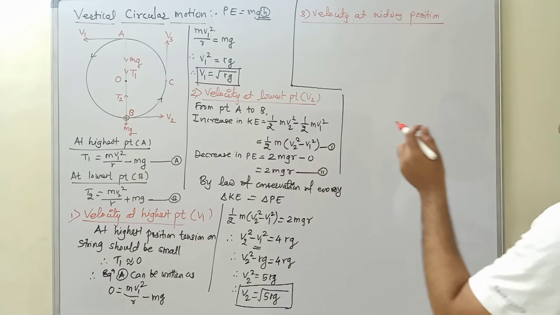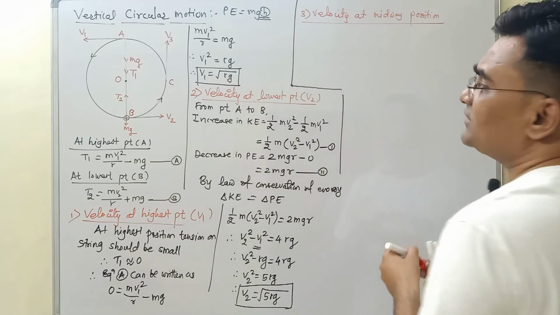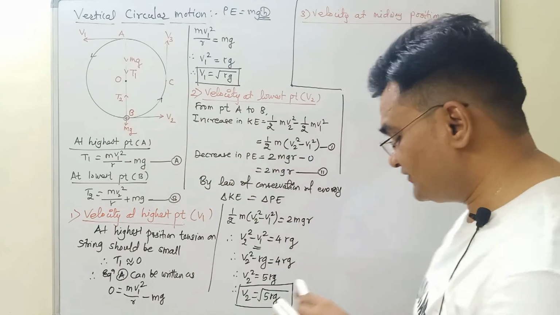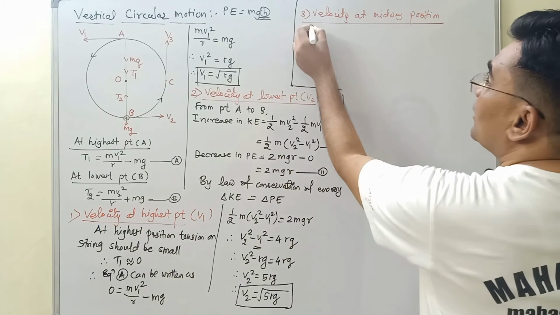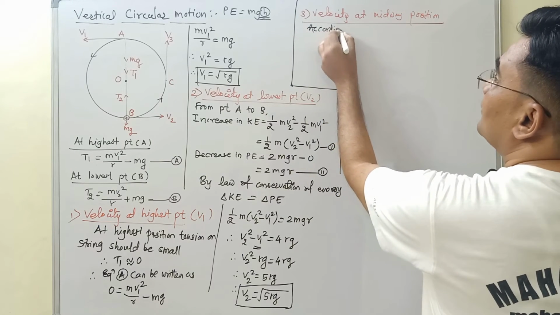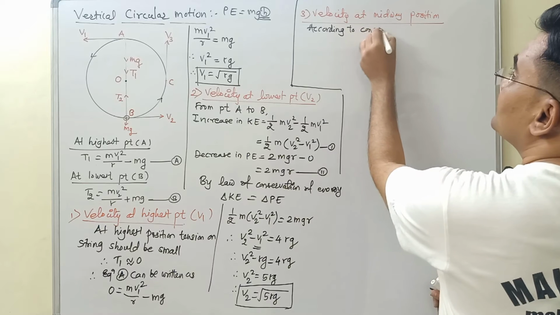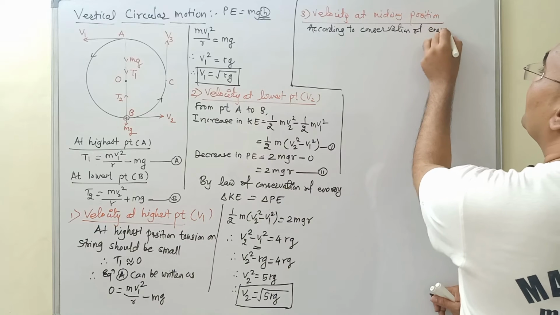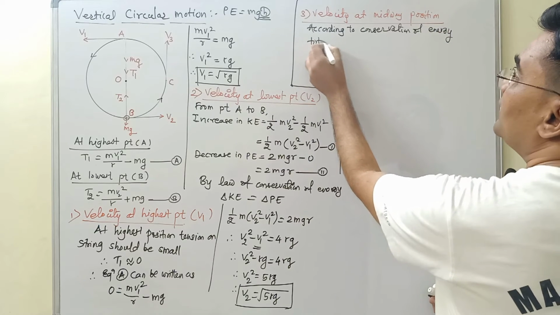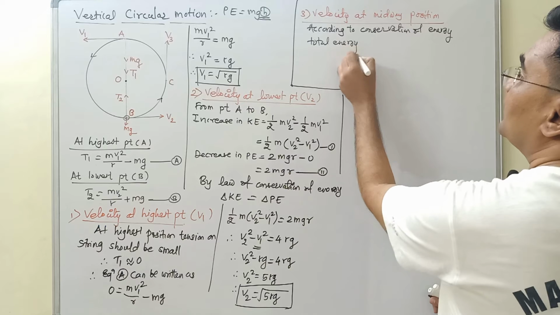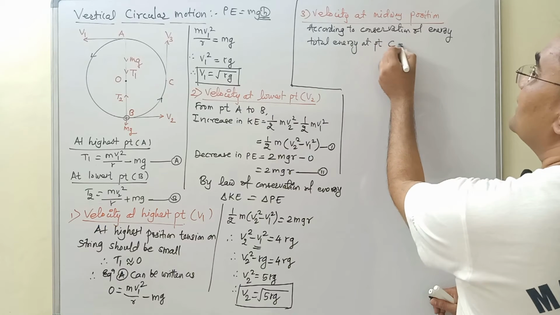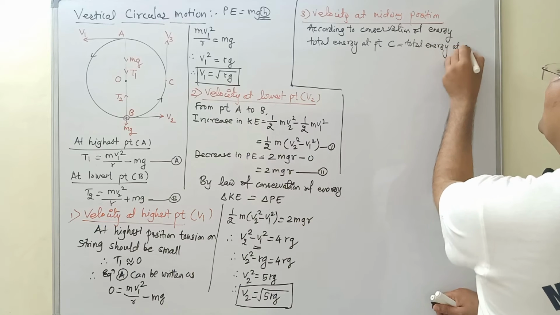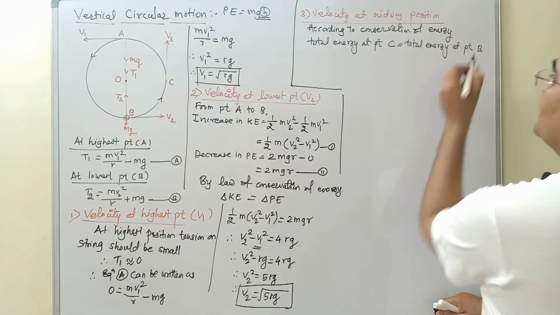Okay. Now, at the midway position also, whatever the total energy is at point B, the same will be there at point C. So according to conservation of energy, total energy at point C is equal to total energy at point A or B, whichever point you write.